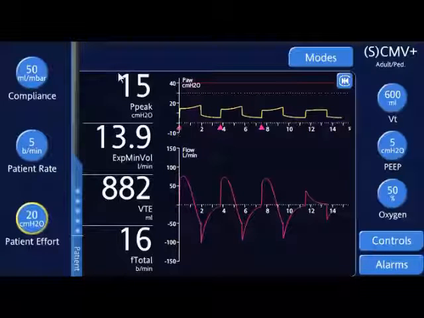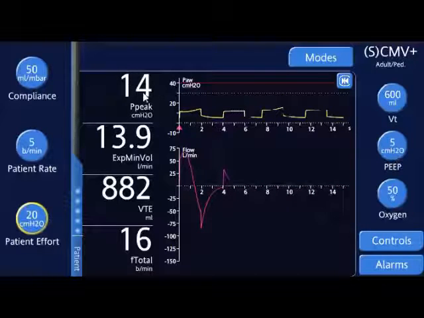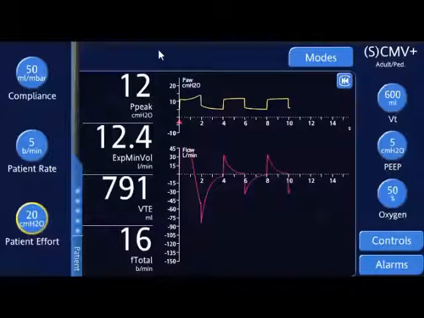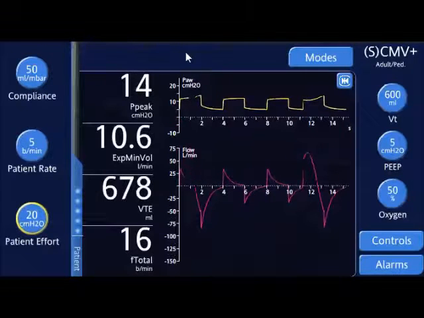However, what adaptive pressure control is going to do, it's going to decrease my driving pressure. So as you notice, it's decreasing it quite dramatically now. We started around 17, and now my pressure's gone down to 12. So it's a decrease by 5 centimeters of water to get that target tidal volume of 600.